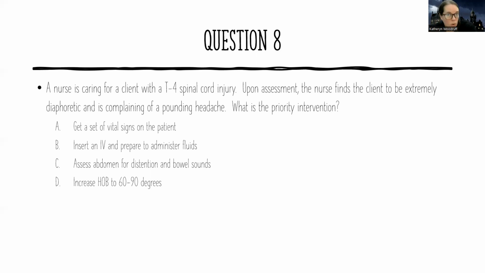If I know what's going on here, extremely diaphoretic and a pounding headache are the hallmark signs of autonomic dysreflexia. This happens for people with T6 and above injuries. It's this unopposed, really intense pressure below the level of their injury, which leads them to try to compensate in the upper half of their body, but they can't compensate because their spinal cord is torn, so they can't send signals to the rest of the body to chill out.